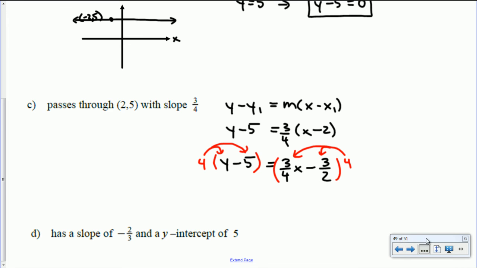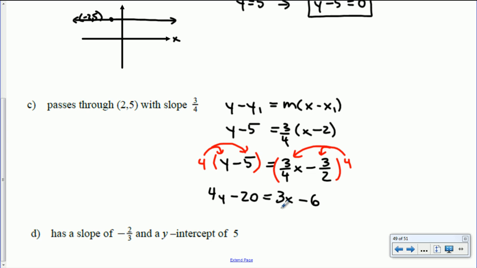So the left side of that will give me 4y minus 20. This will be 3x, 3/4 x times 4 is 3x, and this will work out to be 12 over 2, which is 6. Okay, and now we just need to bring everything to the one side.